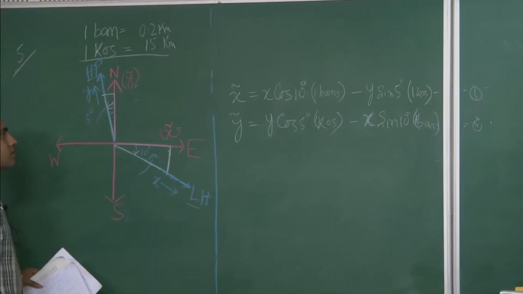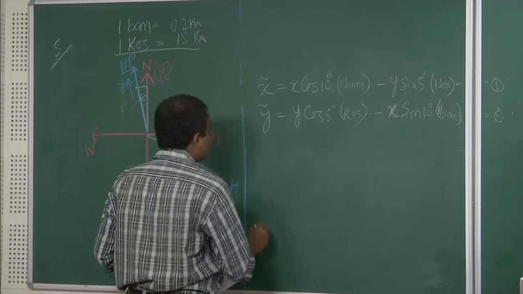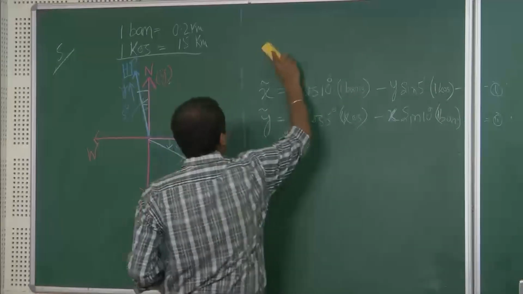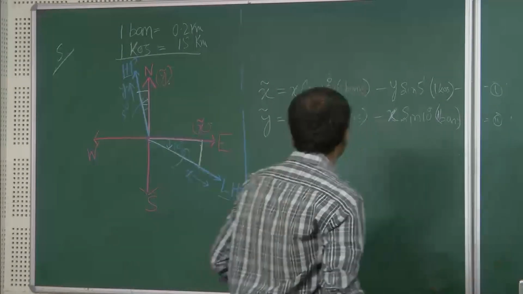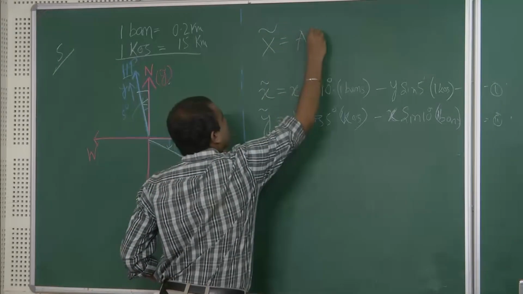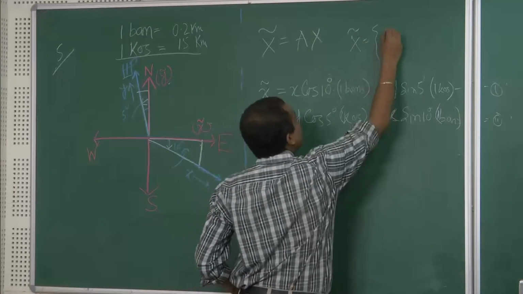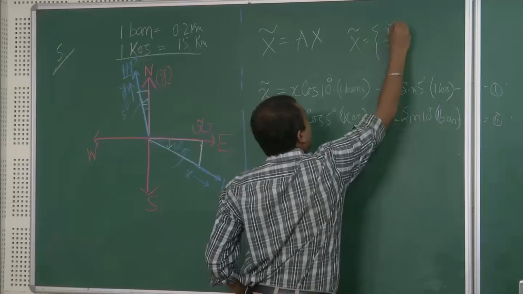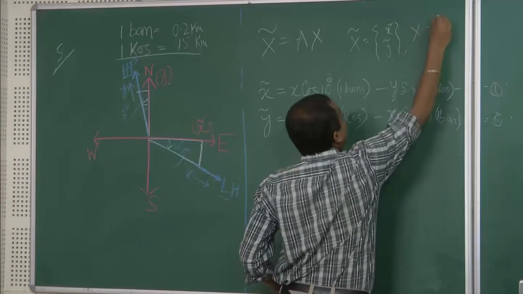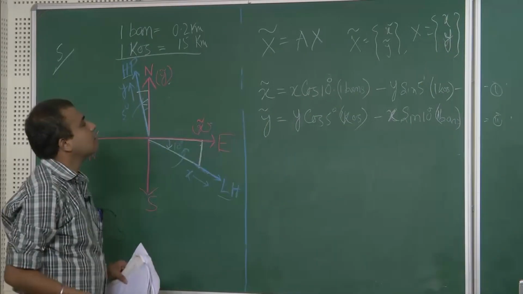Now from these two equations you can see that you can easily relate them by a linear transformation of the form, let me write some in capital maybe, capital X tilde equal to A X, where X tilde is the vector x tilde, y tilde, and X is the vector x, y. So, this we have.